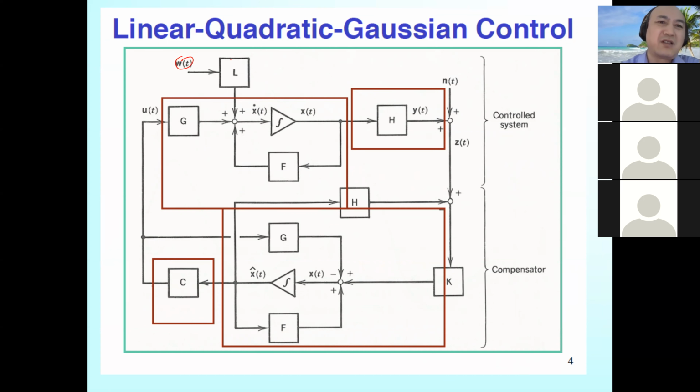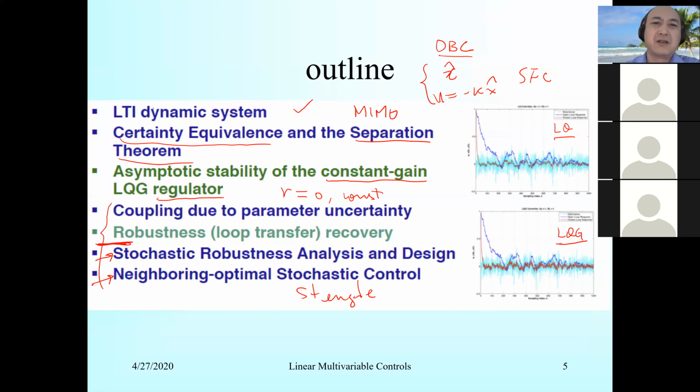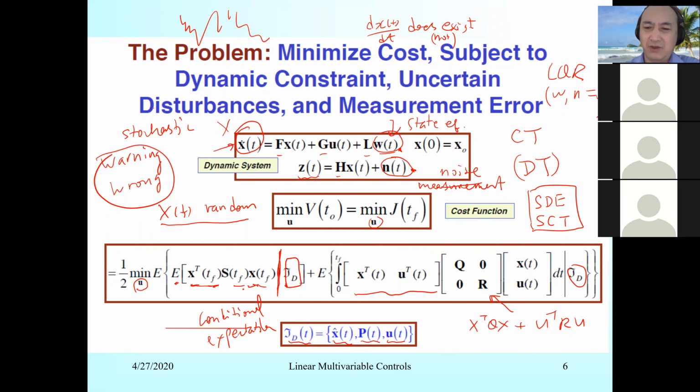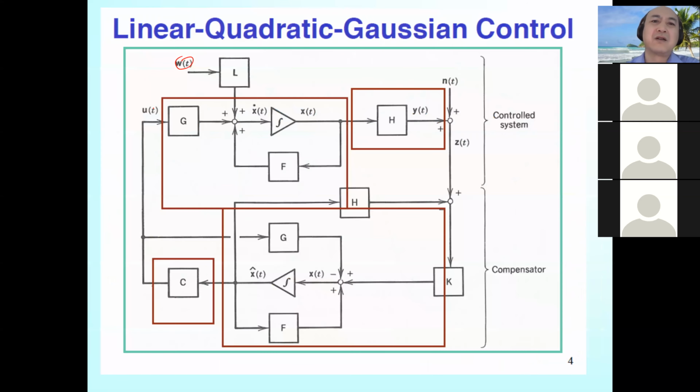You have noise times the matrix L, added in, and you get X dot: X dot is Fx plus GU plus LW.